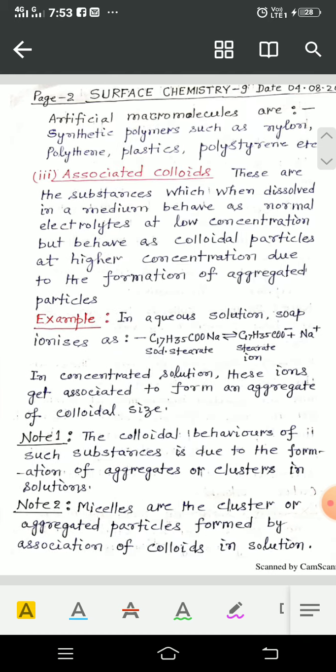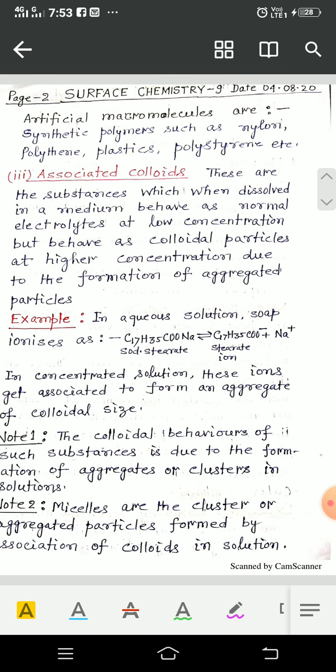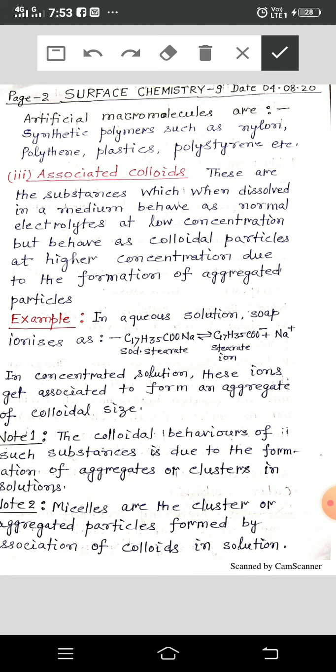Now, on the second page of the surface chemistry 9 lesson, artificial macromolecules are synthetic polymers such as nylon, polythene, plastics, polystyrene, etc. Now, the third type of colloid is associated colloids.